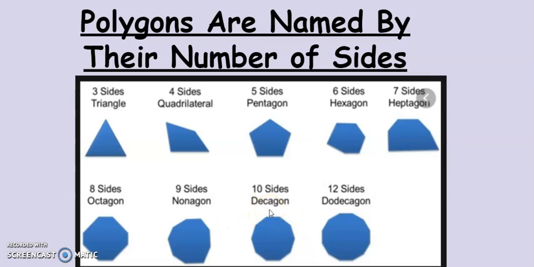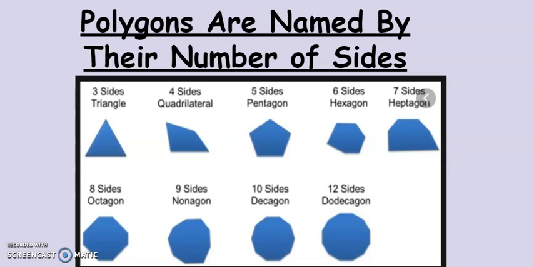Deca means 10. So a 10-sided polygon is called a decagon. Then we have, oh goodness gracious, 12 sides. This is pronounced dodecagon. Dodecagon. 12 sides on a polygon means it's a dodecagon.